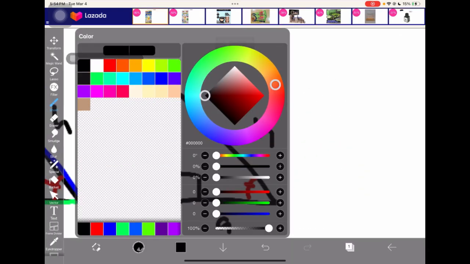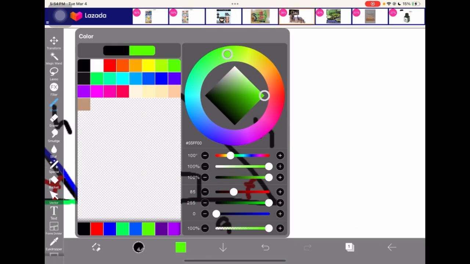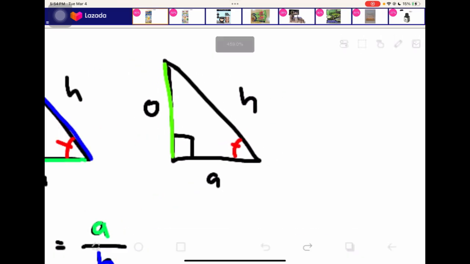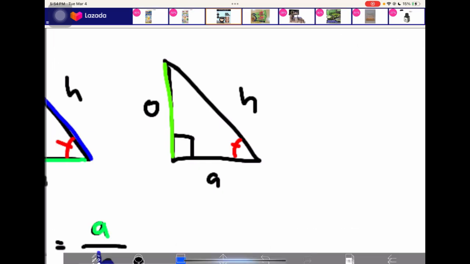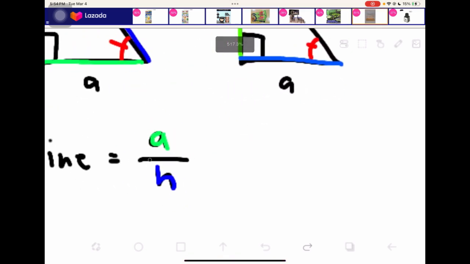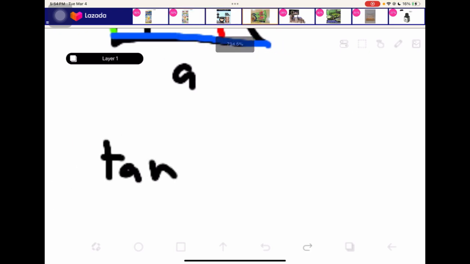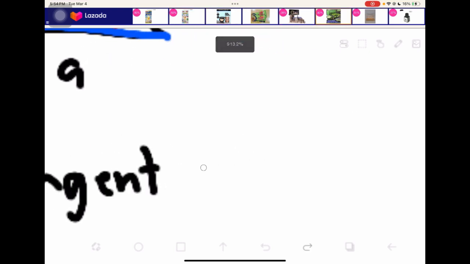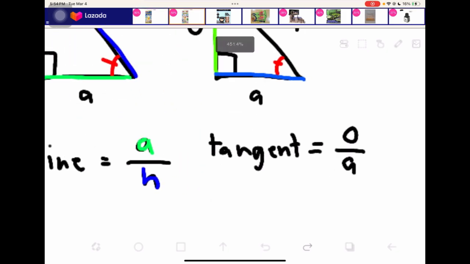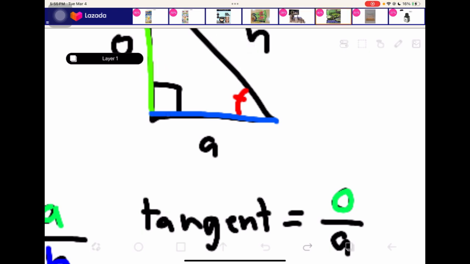We highlight in green our O, and then adjacent in blue, that's A. So tangent equals O over A. With that, those are our 3 main functions.